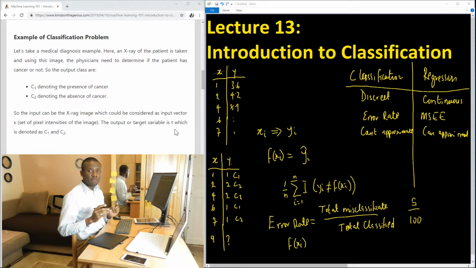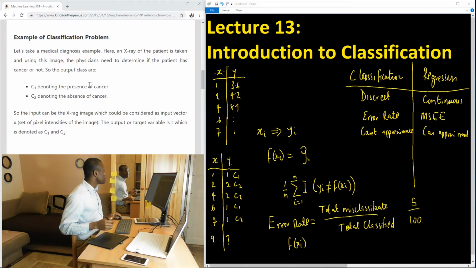The question is, if somebody actually has cancer and he's classified as not having cancer and he's not given treatment, that is where the problem actually lies. Anyway, we'll talk more about this when we discuss how to minimize false negatives, because we've talked about false positive and false negative, but we'll discuss this in another class. So let's go to the screen and see an example of a classification problem.